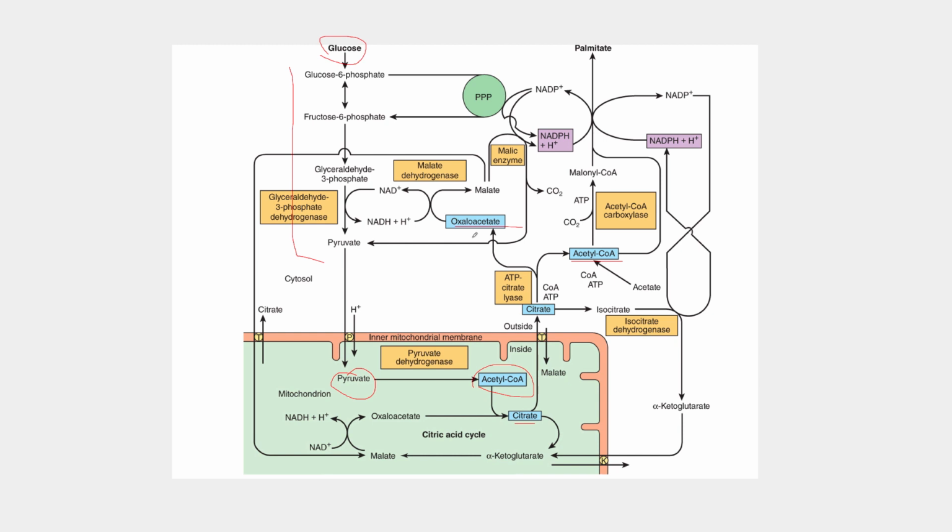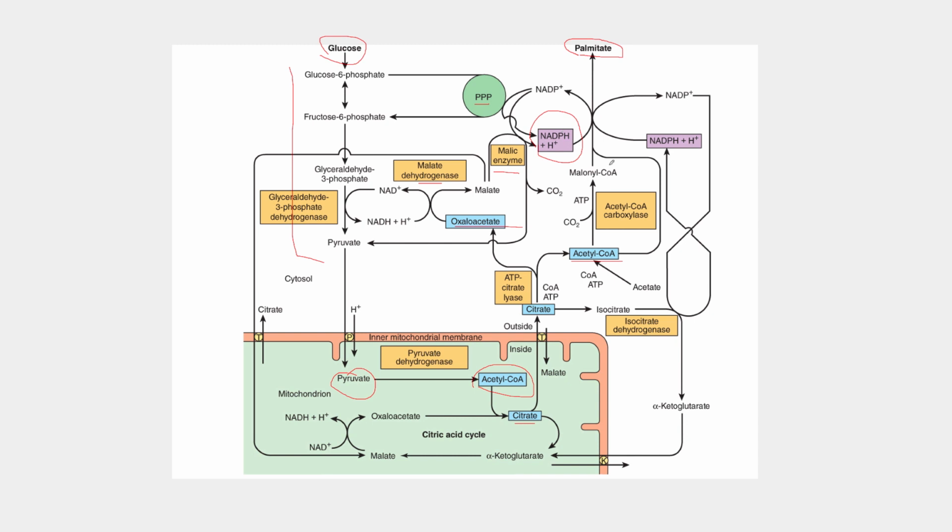The oxaloacetate will undergo a series of reactions, first by malate dehydrogenase, as well as by malic enzyme, to generate NADPH, which is needed for fatty acid synthesis, which is shown here, our end product of fatty acid synthesis being palmitate. And these two sources, the pentose phosphate pathway and malic enzyme, are our primary sources of NADPH for fatty acid synthesis.